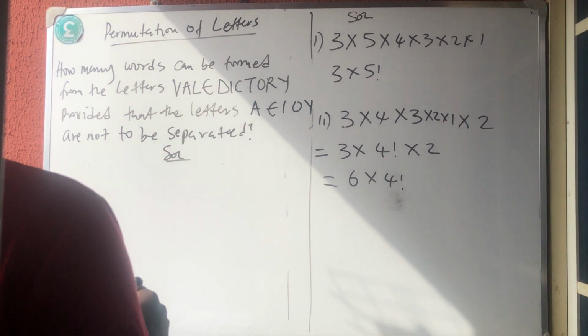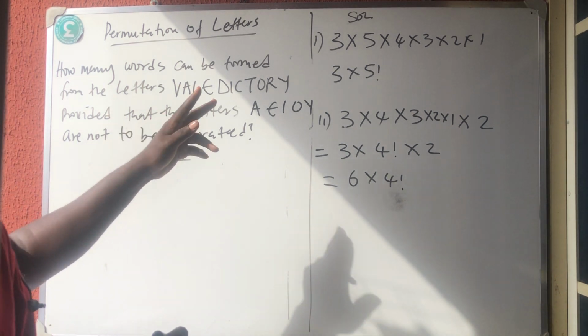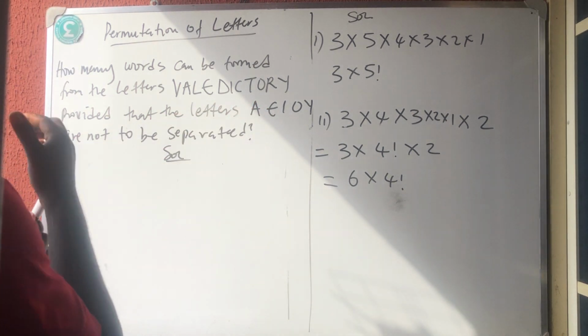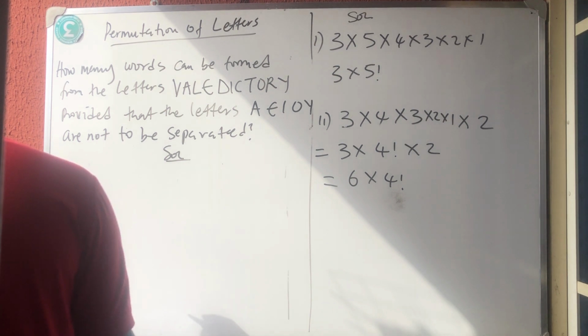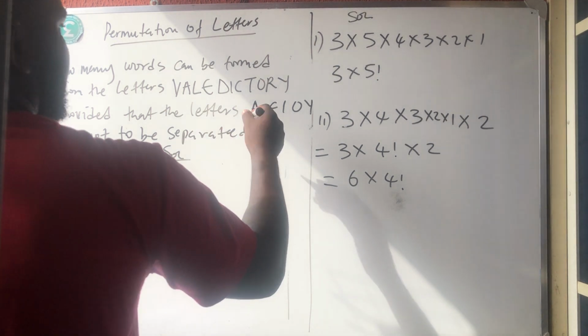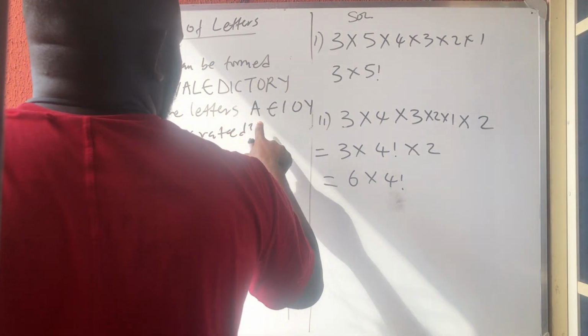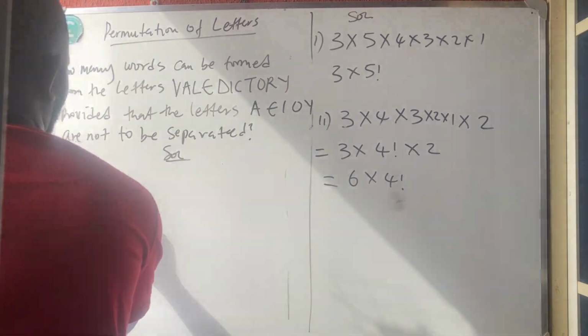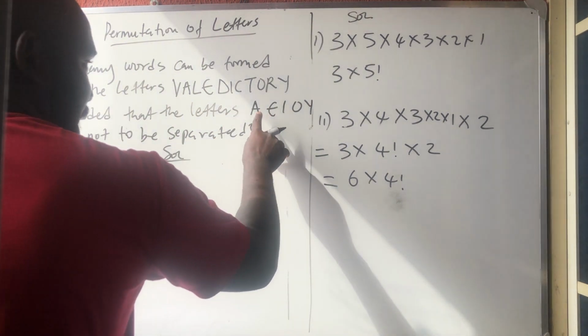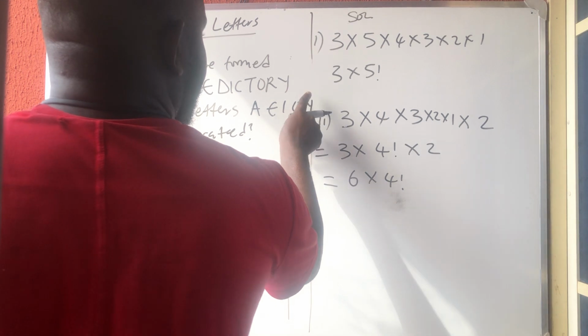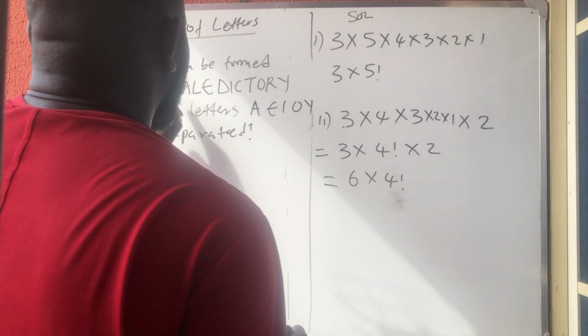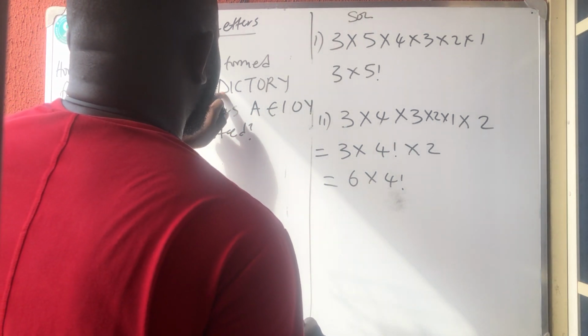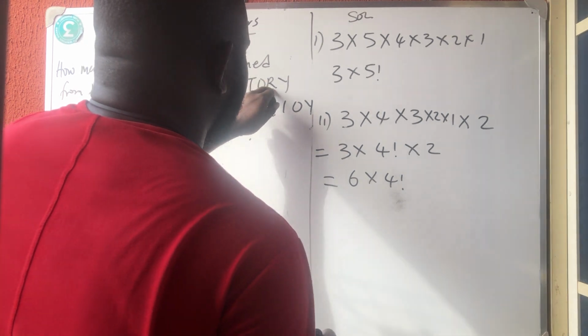Now, first of all, since they are not to be separated, we are going to keep them in one place. Since they will now become 1, the number of ways of arranging them normally is going to be 5 factorial. Now how many are there? 1, 2, 3, 4, 5, 6, 7, 8, 9, 10, 11.